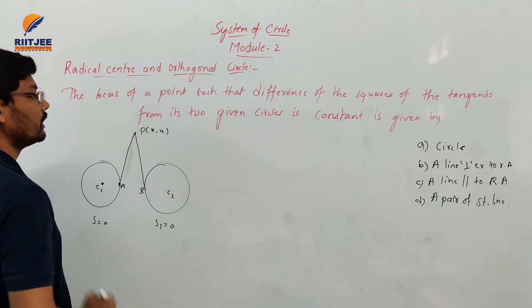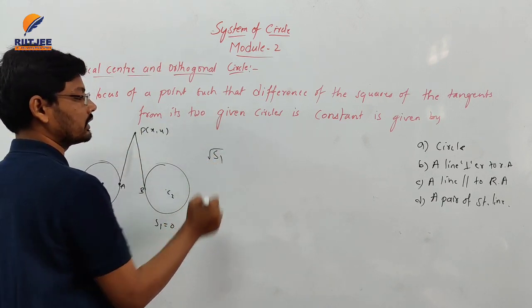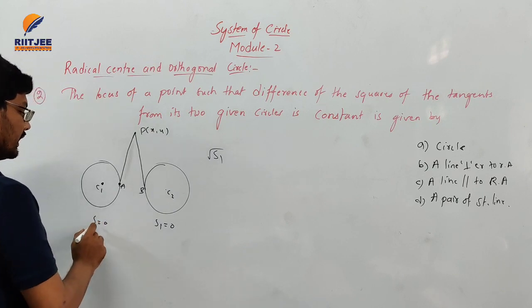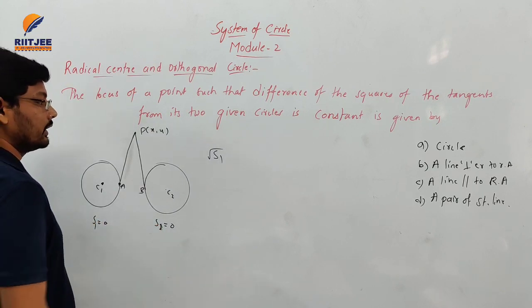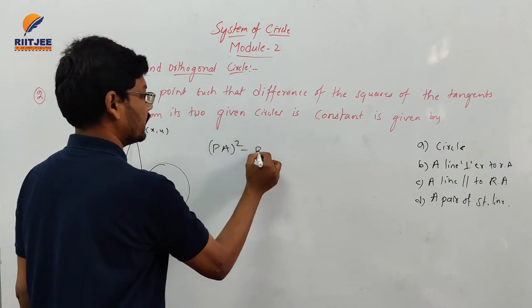A and B are the points of contact of the tangents. The length of tangent is square root of S1, so I take h1 and h2 here. So PA square minus PB square.